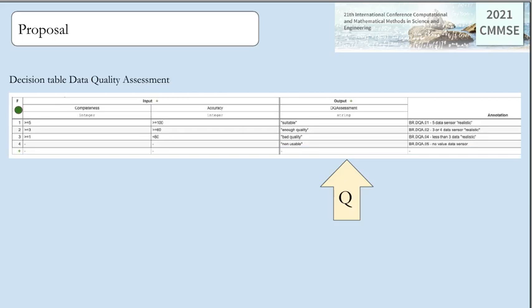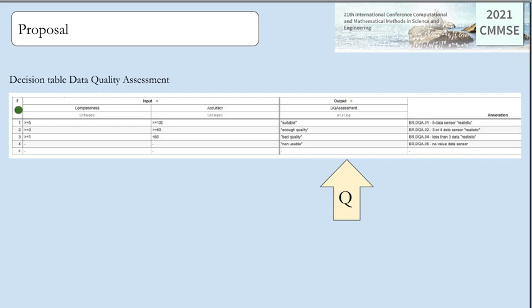For the data quality assessment, we have defined a decision table. The possible outputs of the data quality assessment are set as follows. Suitable is for those records that have a completeness measure greater than or equal to 5 and accuracy greater than or equal to 100. It means that the record contains complete and accurate data from all sensors.